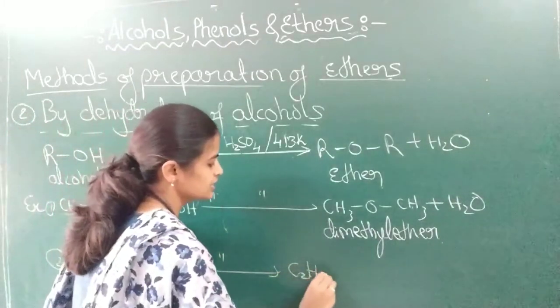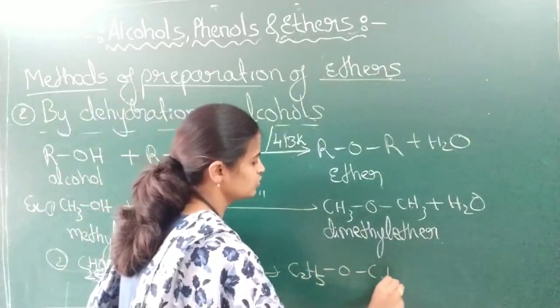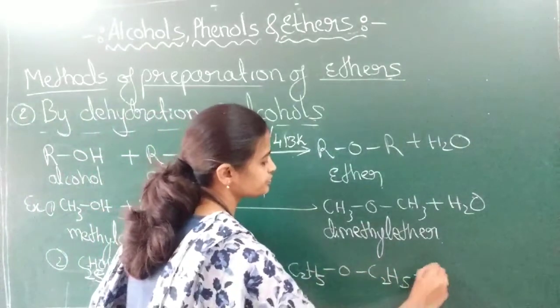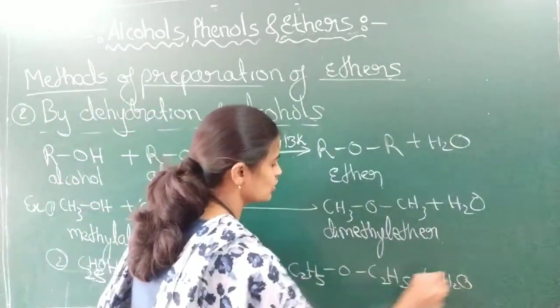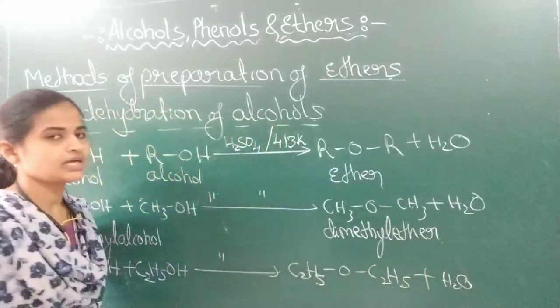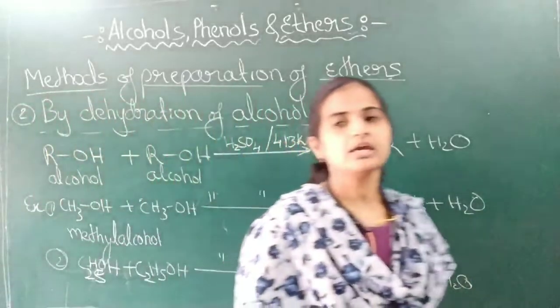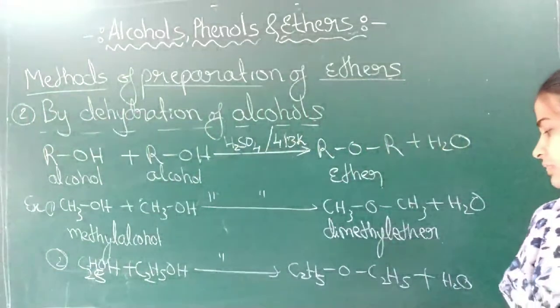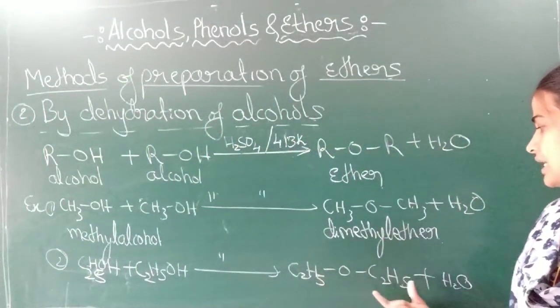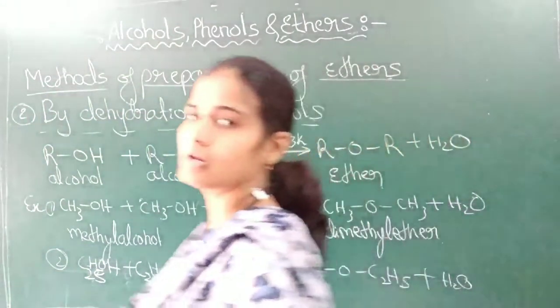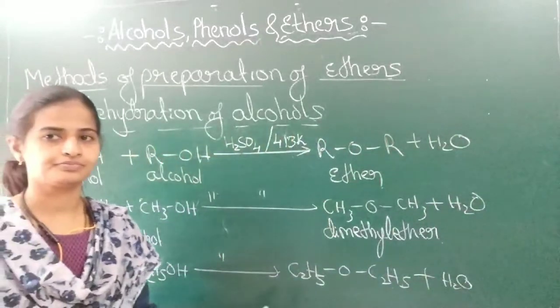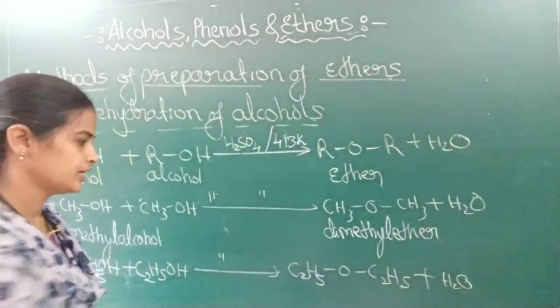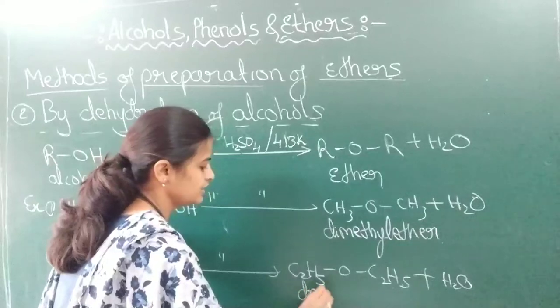I'll get C2H5OC2H5 plus H2O. What is the name of this one? Sorry, ethoxyethane or diethyl ether. Got it? Okay. Write the name of this one. Diethyl ether.